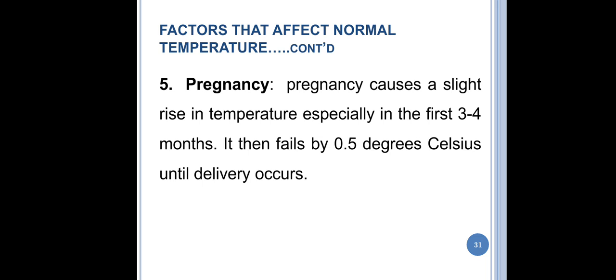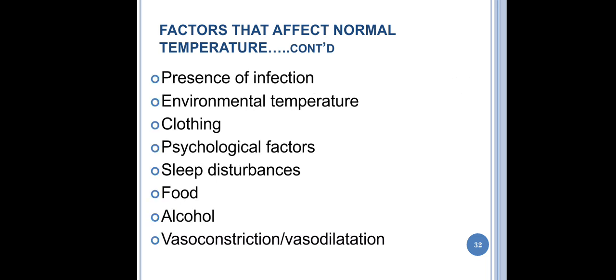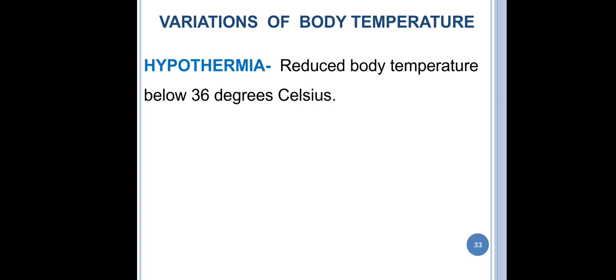So we have looked at age, time of the day, exercise, and the menstrual cycle. Of course, there are more related factors, but in today's session we are going to other things.